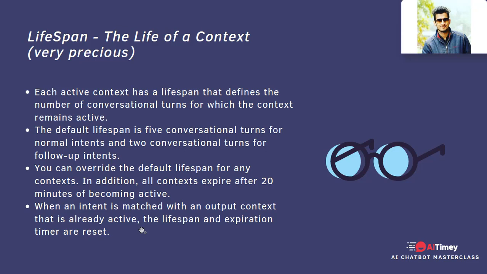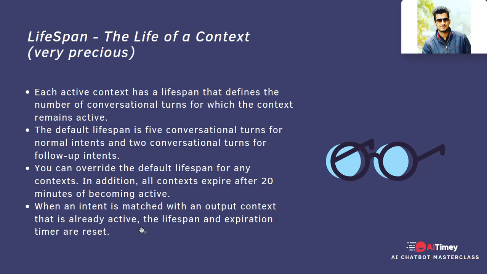Now you come to an assistant and start a conversation and you make 2 conversations. You just made 2 conversations, the context was active, but after 20 minutes, if you type something now you won't get an answer in that context, because Dialogflow from its system will expire that particular active context.